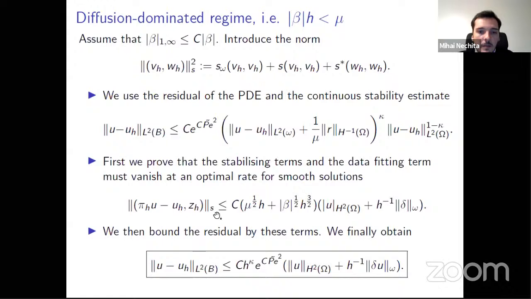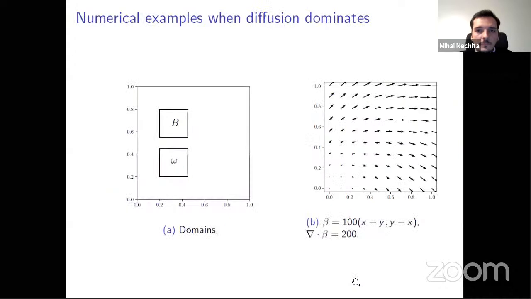Again, an intermediate step is to bound the stabilizing and the data terms in an optimal way. So here, the optimal order would be h to the power of 3/2 for convection diffusion. And we obtain the same kind of scaling in terms of noise and the mesh size.